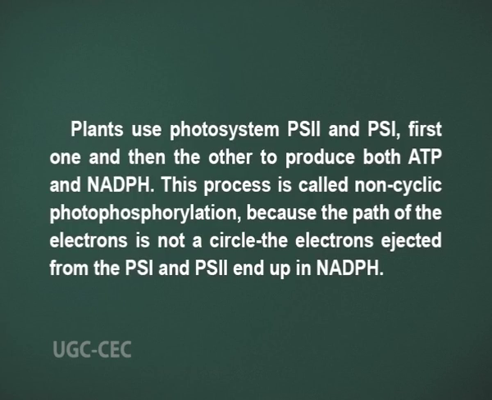The electrons ejected from chlorophyll travel through a series of electron carriers organized in the Z scheme. Plants use photosystems PS2 and PS1, first one and then the other, to produce both ATP and NADPH. This process is called non-cyclic photophosphorylation because the path of the electrons is not a circle. The electrons ejected from photosystem 1 and photosystem 2 end up in NADPH.